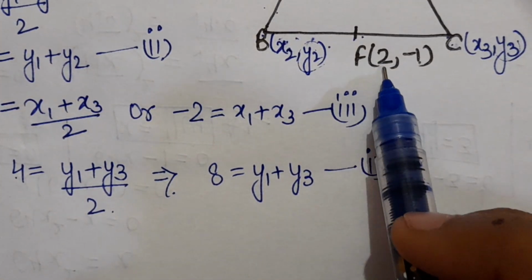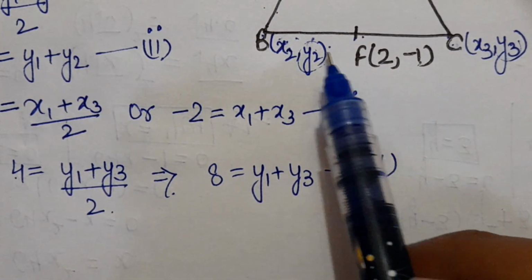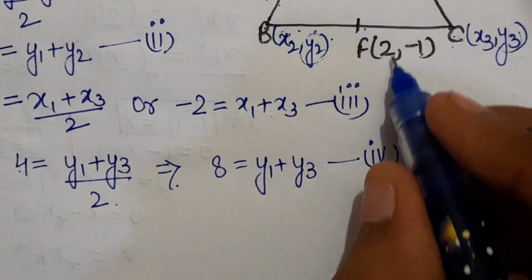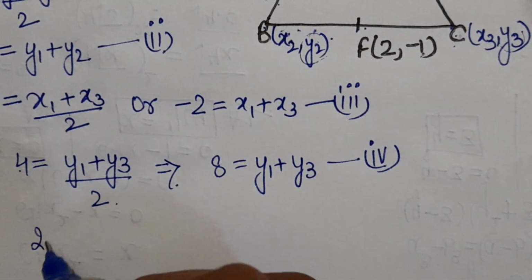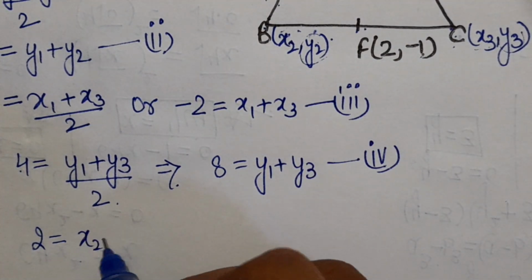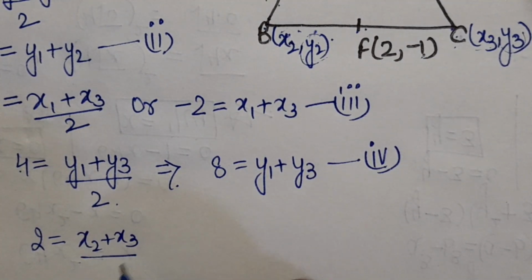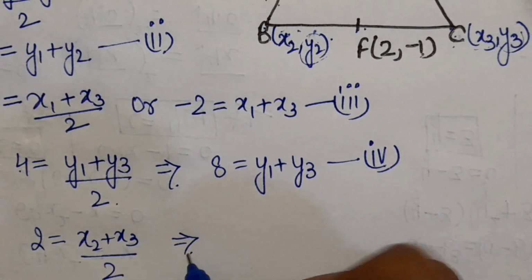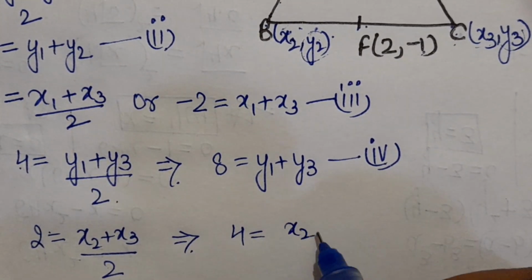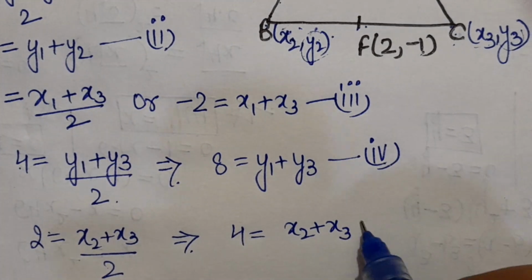Again, we have (2, -1), which is the midpoint of the B and C coordinates. So 2 can be written as (x2 plus x3) by 2. That is, 2 into 2, 4 equals x2 plus x3.